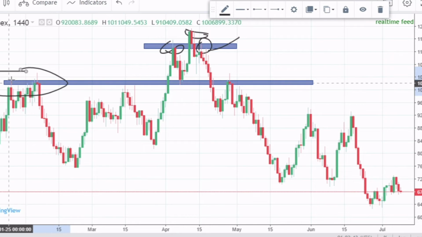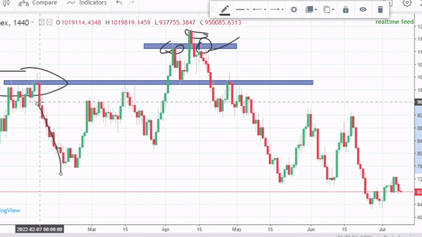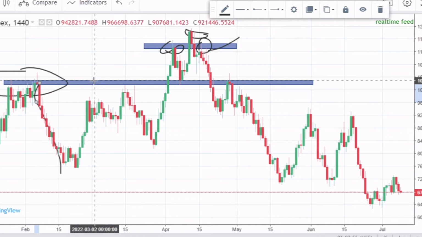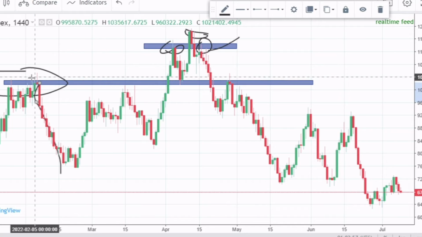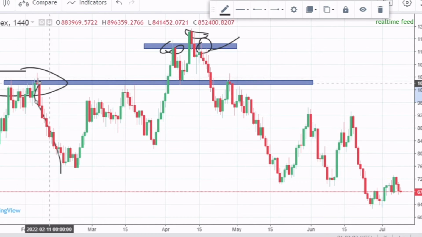At some point the market sold off from there, and this region became a major resistance, because for some days the market couldn't go up and there was a huge sell. Then the market rebounded and retested it.